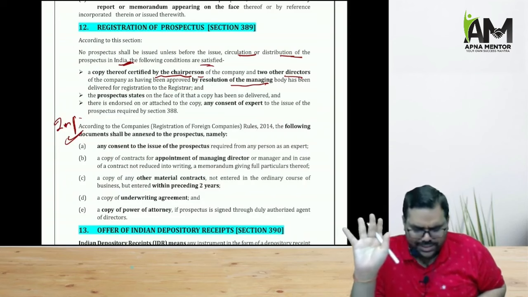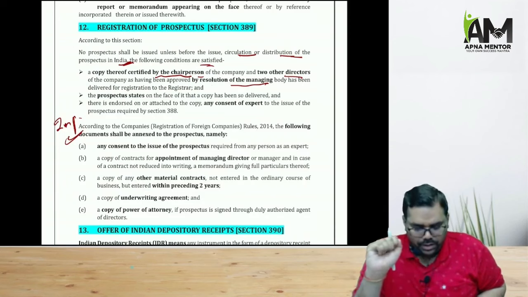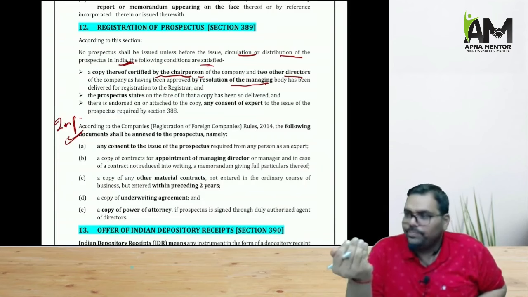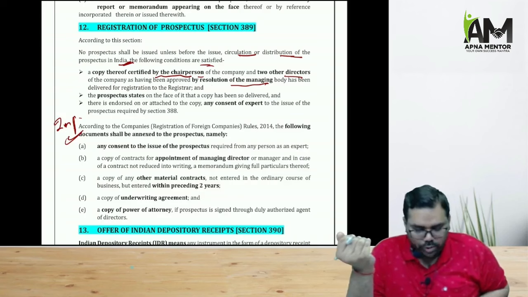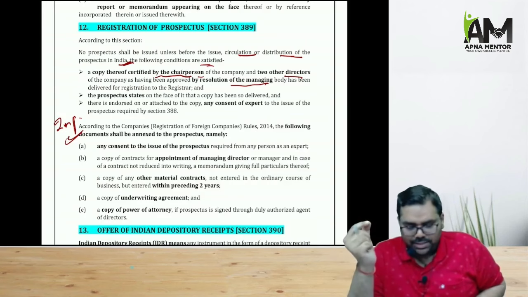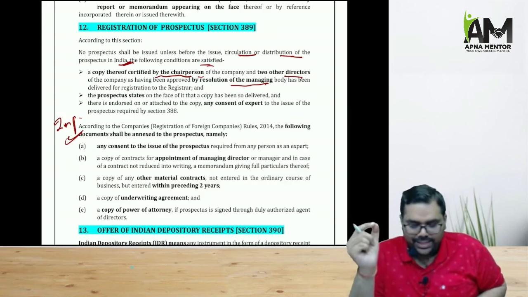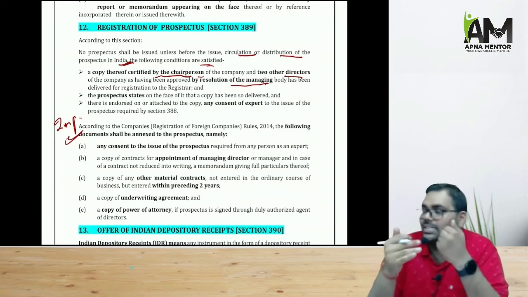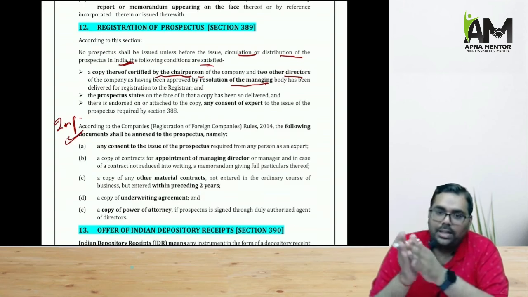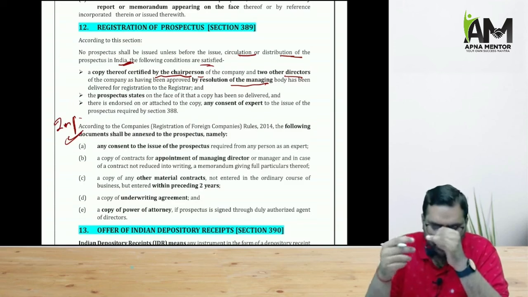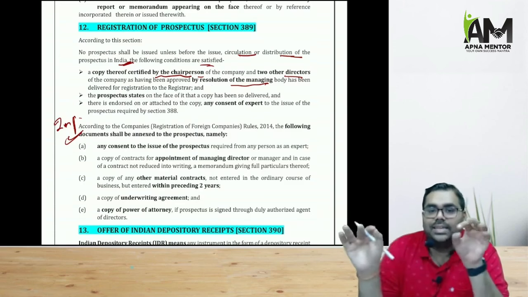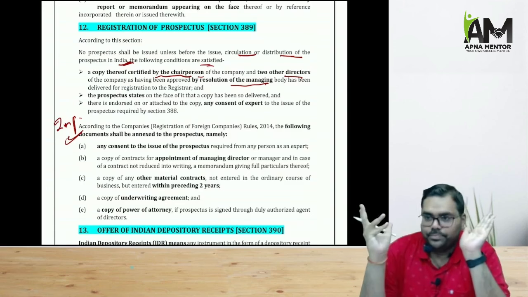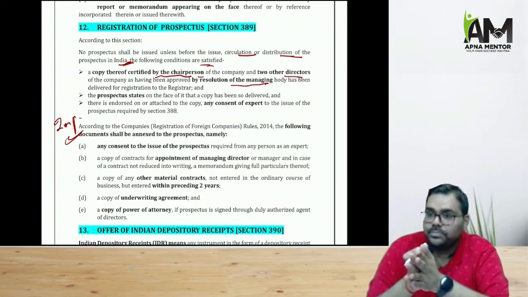The following statements must also be given. First, any consent given by the expert. If the company has included the expert's statement along with the prospectus, the company is also required to annex the consent statement given by the expert. That is very simple.